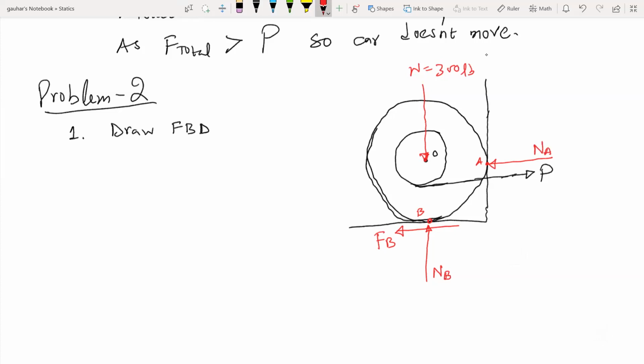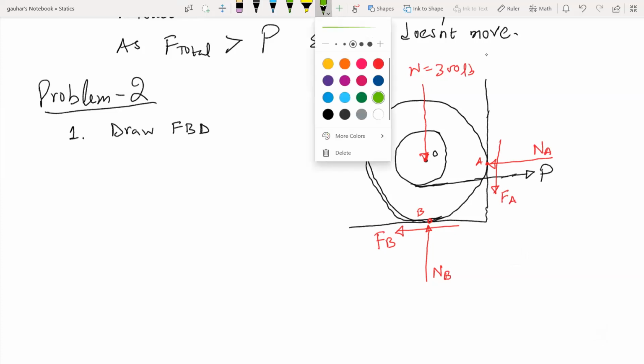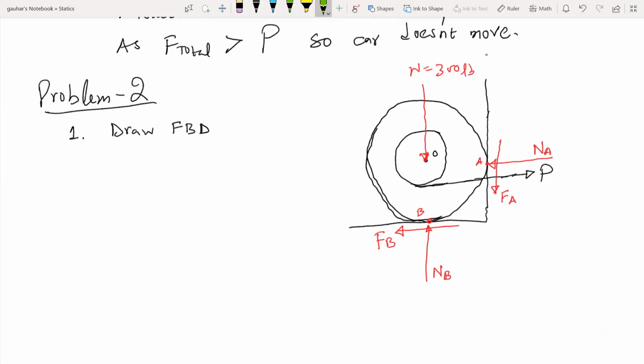Now again, at point A, the spool is moving in positive Y direction, right? So the friction force will be in negative Y direction. So this is your F sub A. Okay, there are some dimensions which are given. Let's draw them.